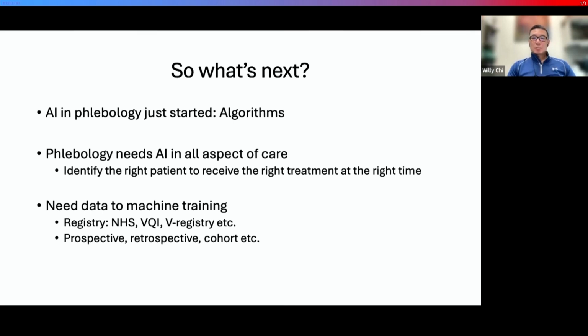So what's next? Well, I think that AI is still in the very early stages of phlebology. We need to machine train the system. So we need more data, whether it be prospective, whether it be retrospective, whether it be cohort analysis. And with that, I want to thank you for your attention.